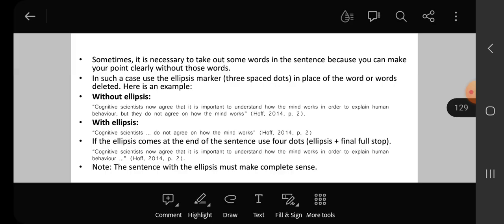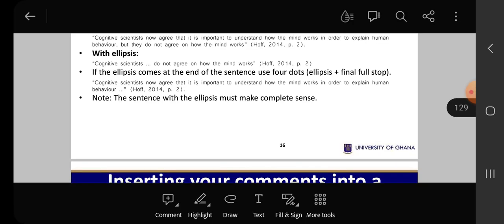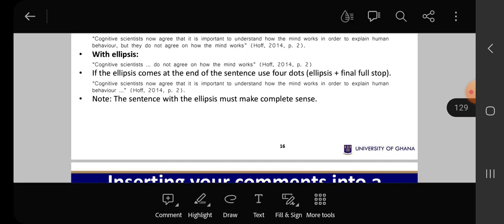So now let's use the ellipsis. Cognitive scientists, and you see we have brought that ellipsis there, three dots, do not agree on how the mind works. Hoff, 2014, page 2. You see, we have taken the unnecessary words from it, and we have made it so simple.